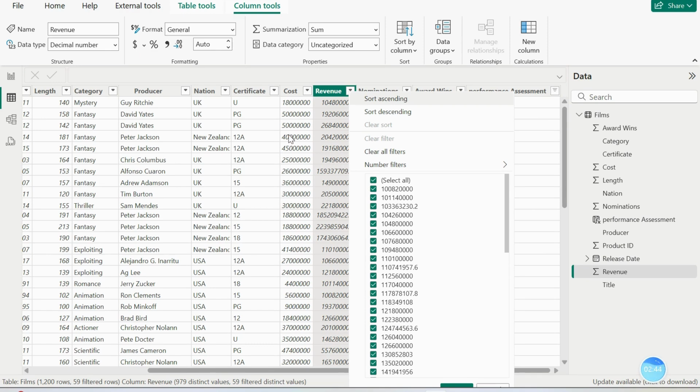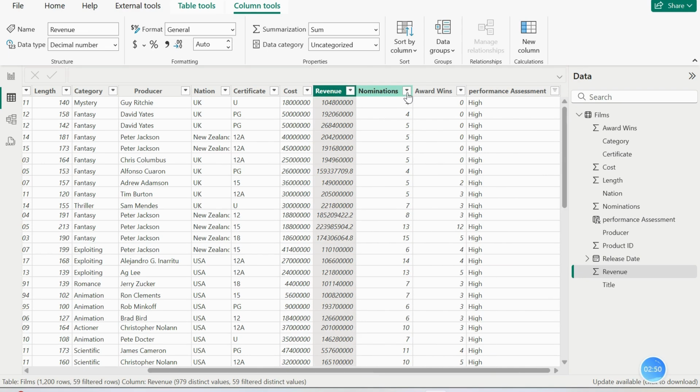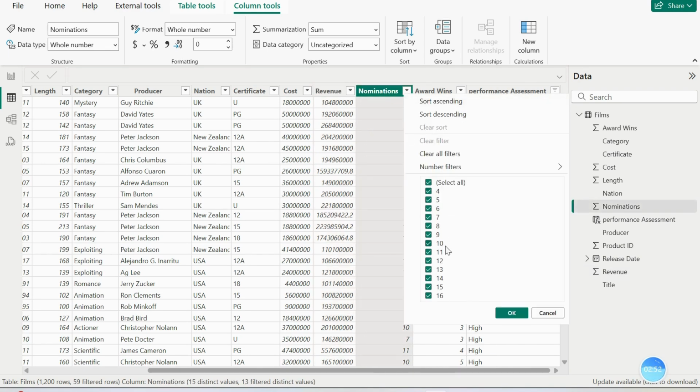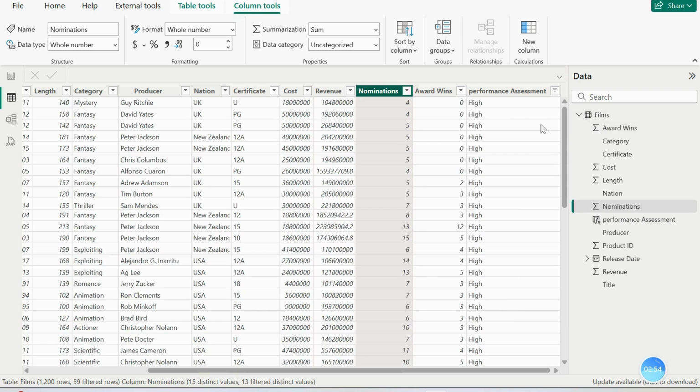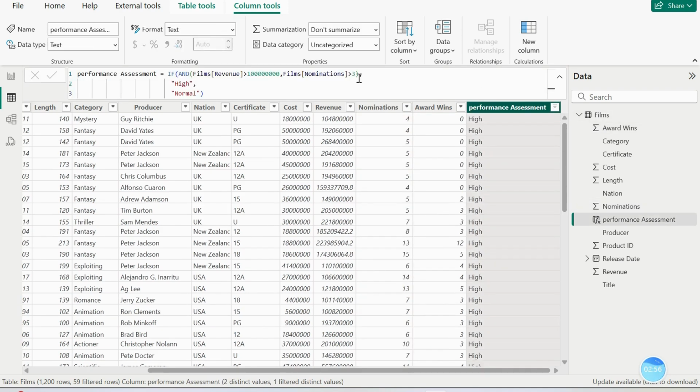At the same time, we also find that the nominations for the award is more than three times. That's for sure. That means we use the two indicators, revenue bigger than 100 million and nominations more than three times, combined together by the AND function to slice the data.